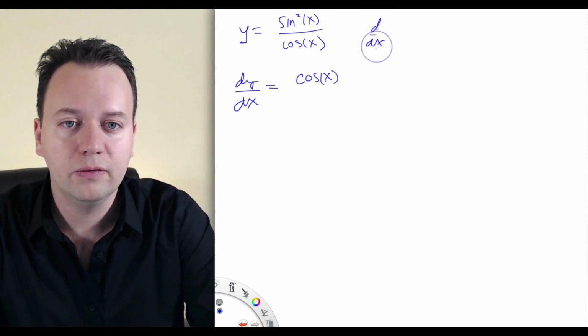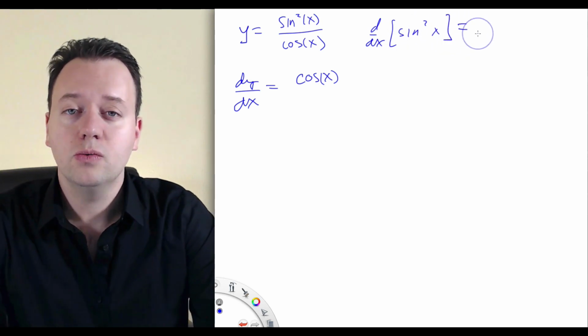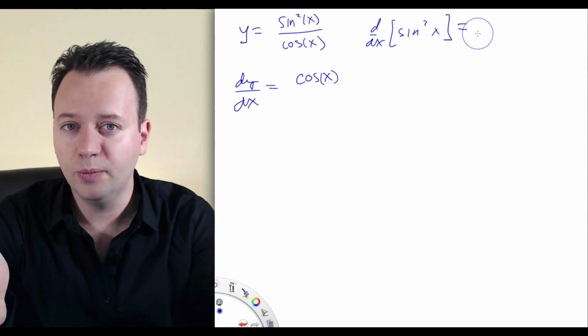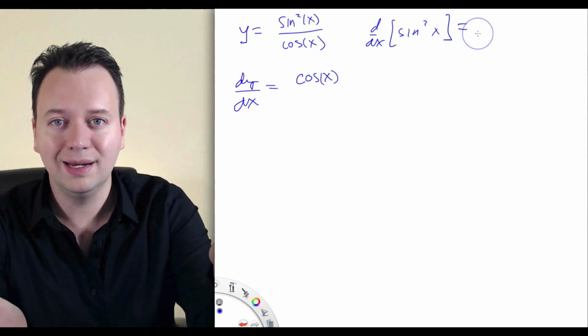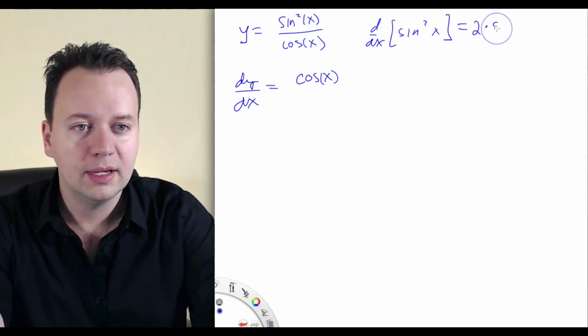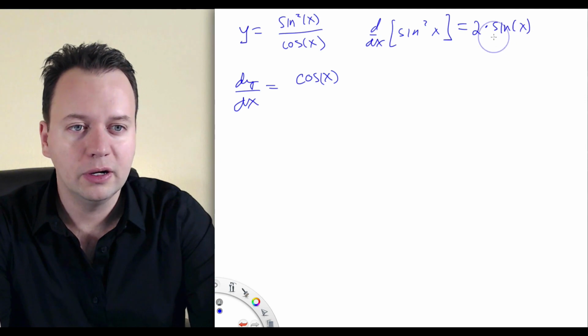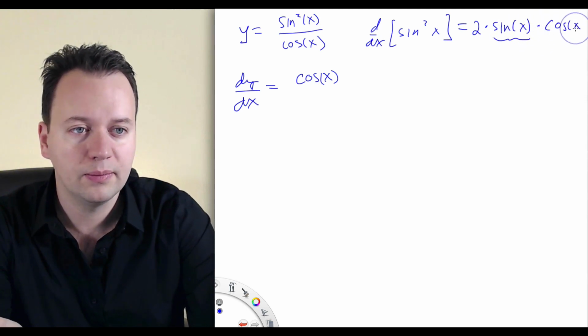Now the derivative of sine squared x, it's really sine of x to the power of 2. So the 2 comes down, we get 2 sine of x to the 1, and then times the derivative of the inside, which is the derivative of sine, which is cosine of x.